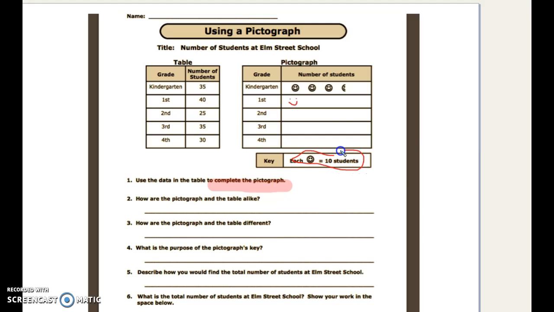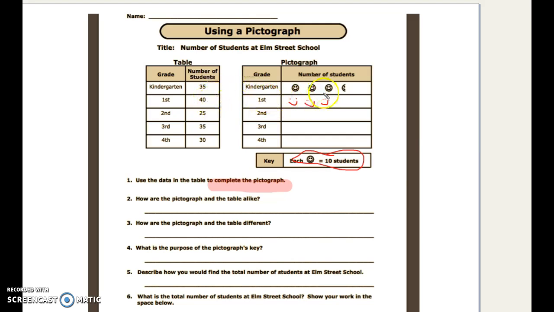So each one of those is 10 students. If I put another smiley face, I have 10 more students. 10 plus 10 equals 20. If I add another smiley face, that tells me I have 10, 20, 30 students.